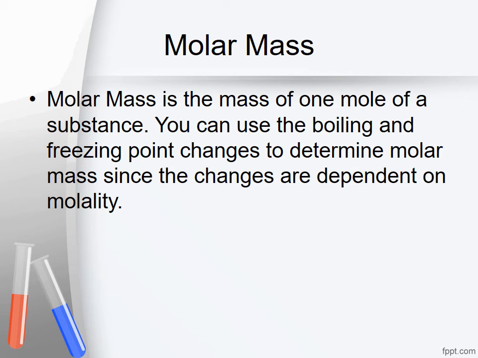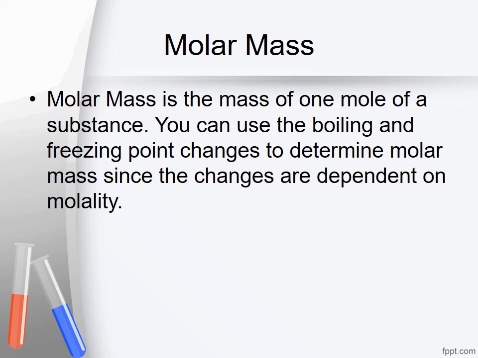Now, we've already done molar mass before, but molar mass is the mass of 1 mole of a substance. I can actually use boiling and freezing point changes to determine that, since the changes are dependent upon molality, and molality is dependent upon kilograms, right? And if I know grams per moles of particle, I can know grams per mole, and I can calculate molar mass.